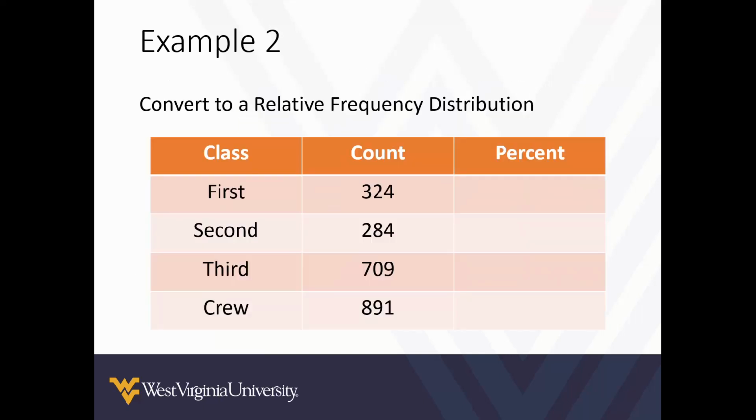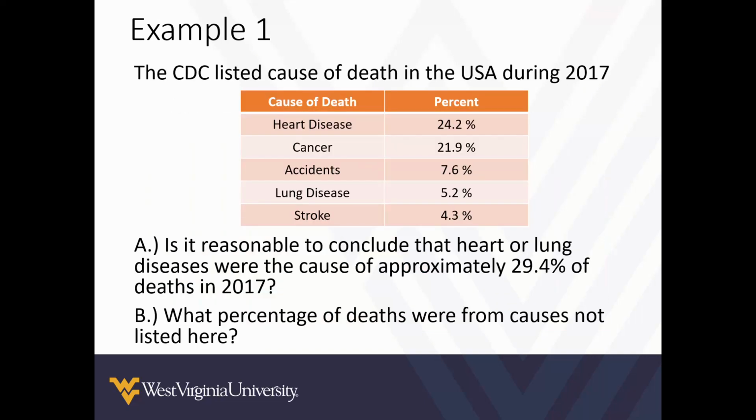So for us, this becomes a subtraction. 100% minus 24.2 minus 21.9 minus 7.6 minus 5.2 minus 4.3 is 36.8%. So that tells us that the percentage of deaths that were from causes not listed is 36.8%.